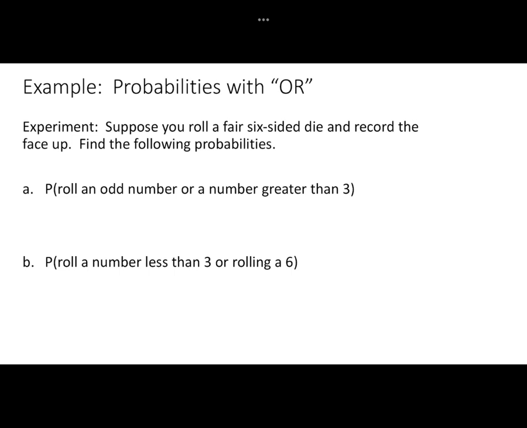Well, let's let A be the event we get an odd number, and B be the event we get a number greater than 3. What is in A and B? Well, the odd numbers are 1, 3, and 5. The numbers greater than 3 are 4, 5, and 6.